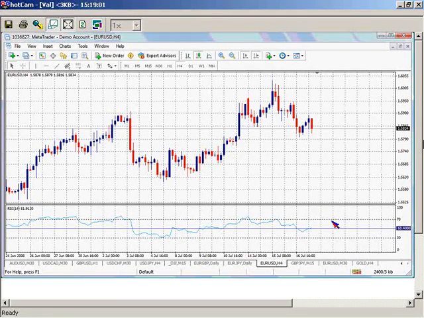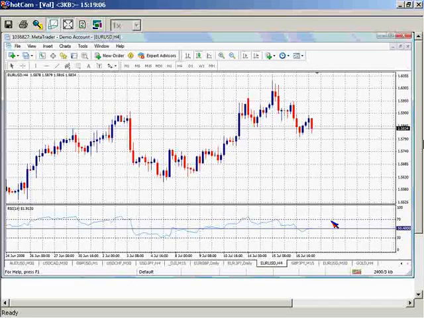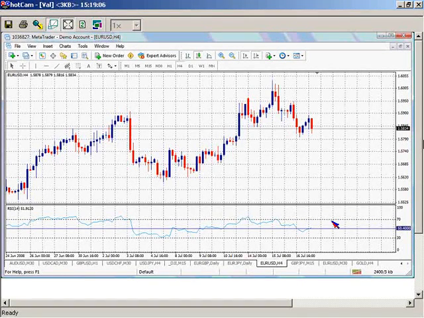Anyway, this indicator tells us not if the market is in trend or not, but if a currency is overbought or oversold.